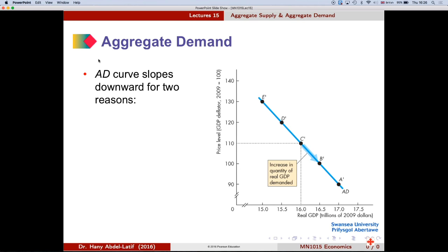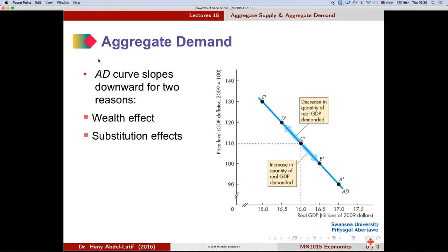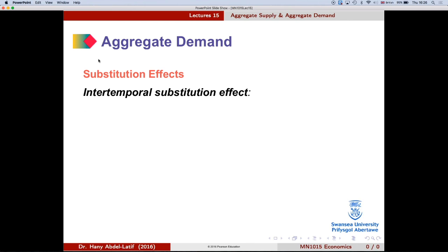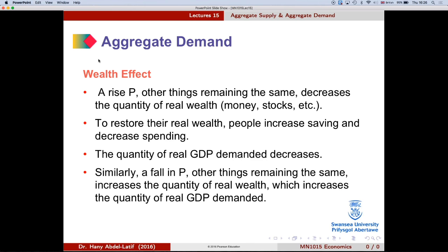Why? Because there are 2 reasons to explain this. One is the wealth effect, and the other one is the substitution effects. There are 2 reasons why the aggregate demand curve is a downward sloping curve. So the first reason is the wealth effect.